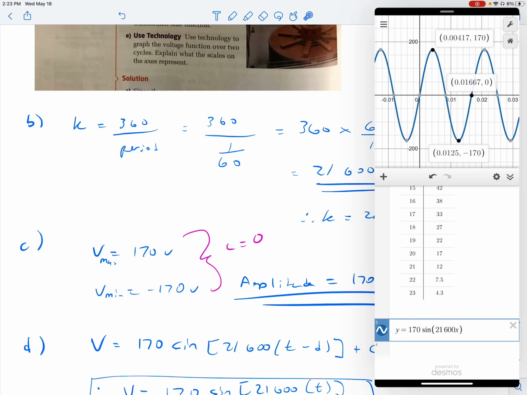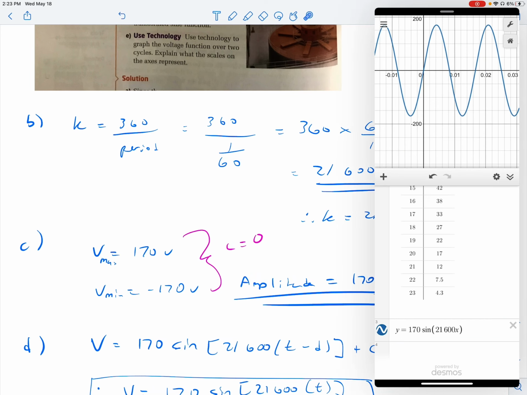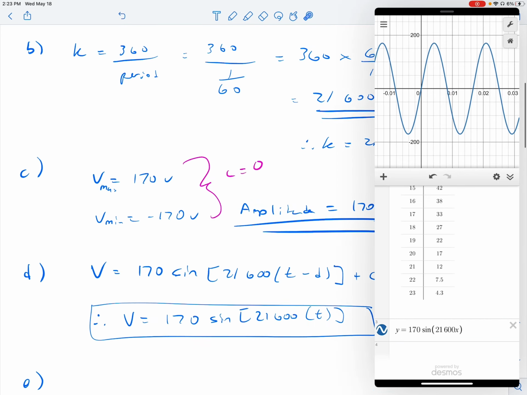What would the scales be? I guess we could say the y-axis is going to be voltage, and we probably want to go from negative 200 all the way up to 200.